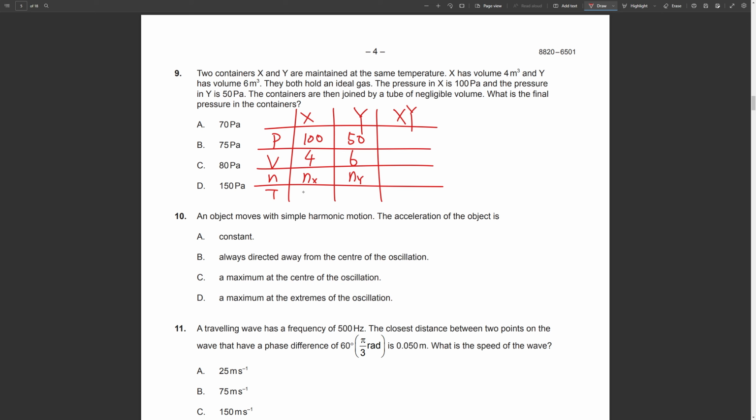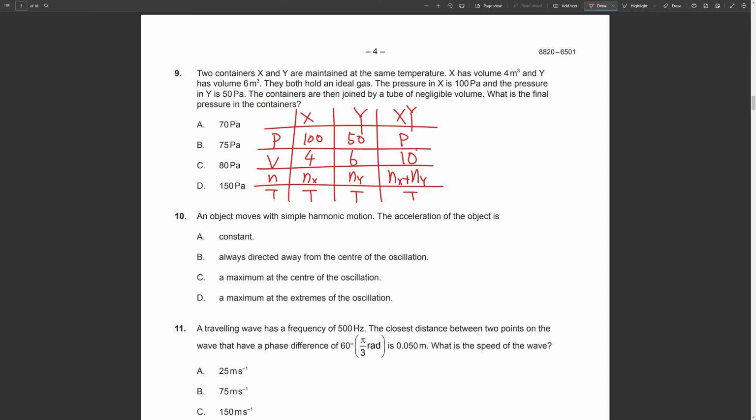And the temperature was held the same throughout the experiment. What is the number of moles when they are combined? As this is an isolated system, the number of moles will be the same when combined. The volume is combined as well, 10. And the question is the new pressure.